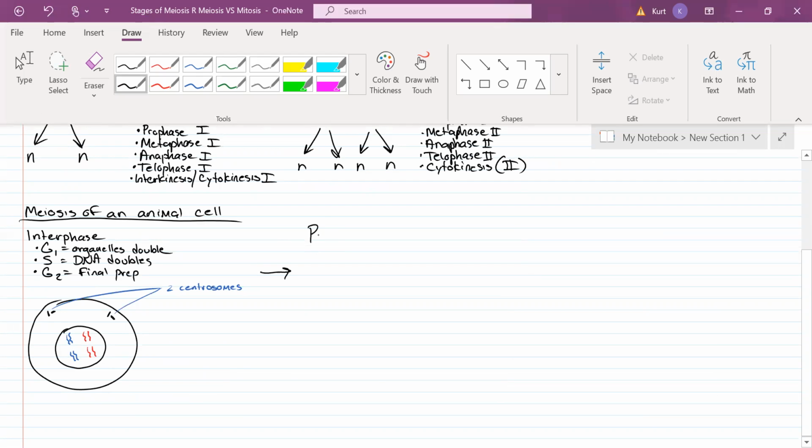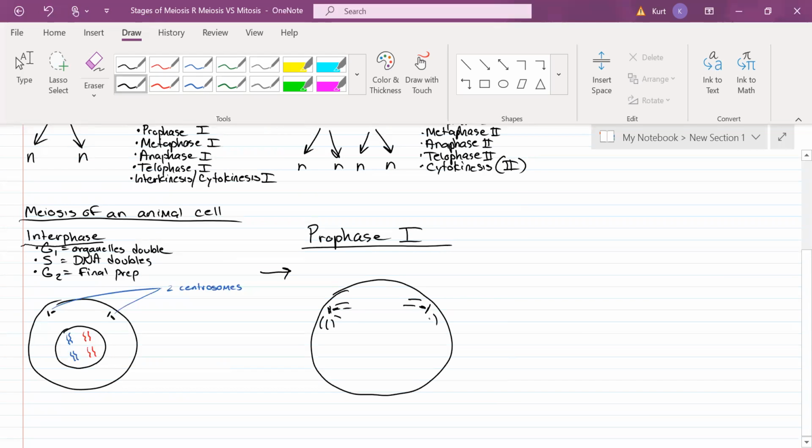Let's go into prophase 1. In prophase 1, the centrioles are starting to move to opposite ends of the cell, and they're starting to assemble the spindle. So we're going to write everything down.